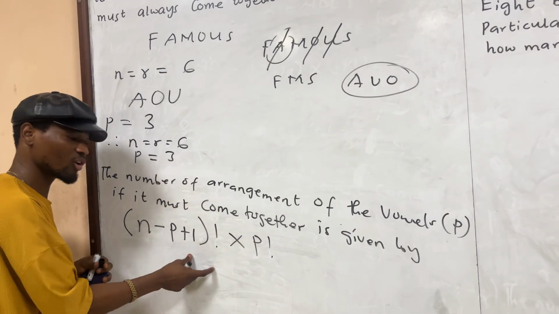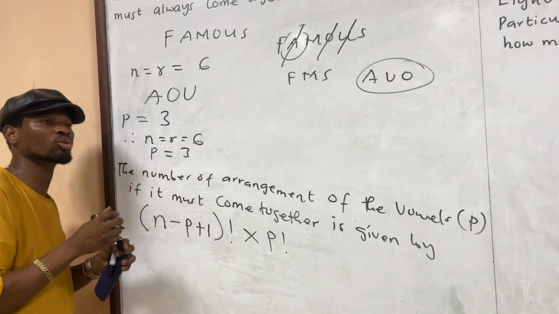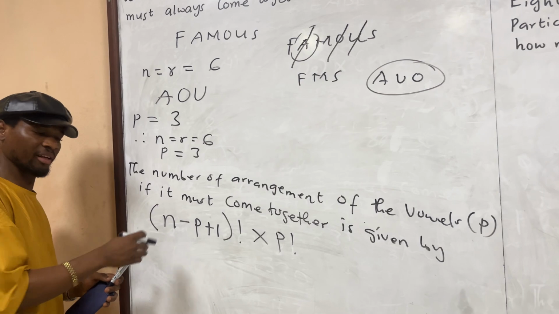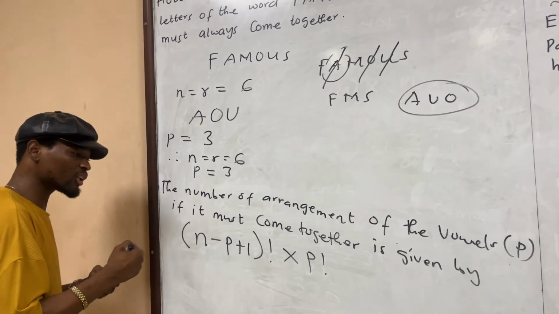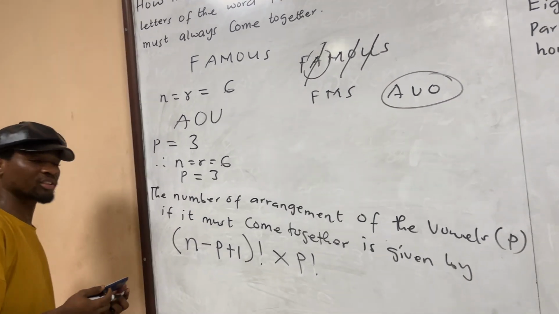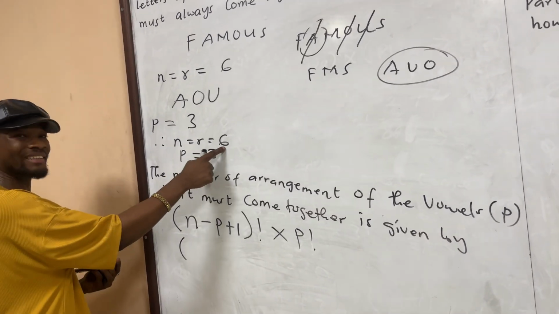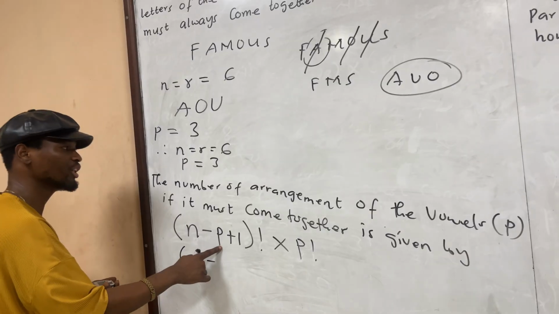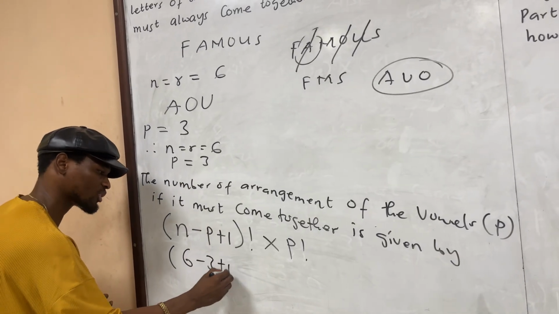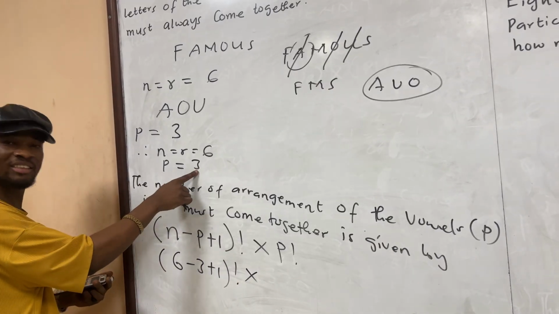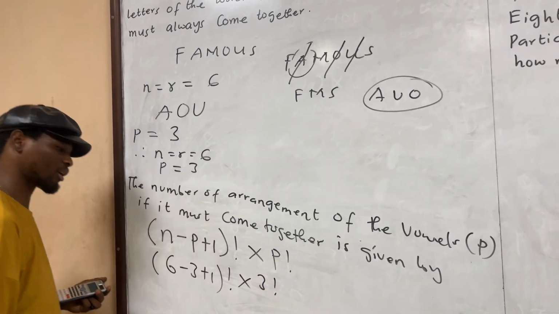If you are new here, go and visit my previous lecture videos on conditional permutations type 2. You will appreciate the formula. So let's do our simple substitution. Wherever you see n, which is the same as r, it is equal to 6. So I have 6 minus P, where P is 3, plus 1, all factorial, then times 3 factorial.